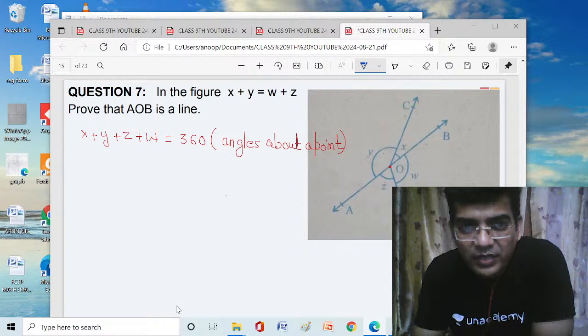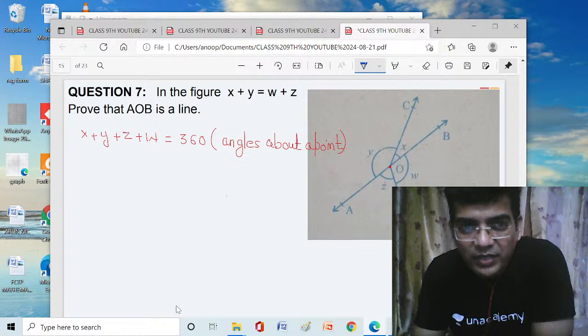Now as you can see in the figure, x and y, they are adjacent angles. And if adjacent angles give the sum 180, they are representing a linear pair. So x and y are representing a linear pair.